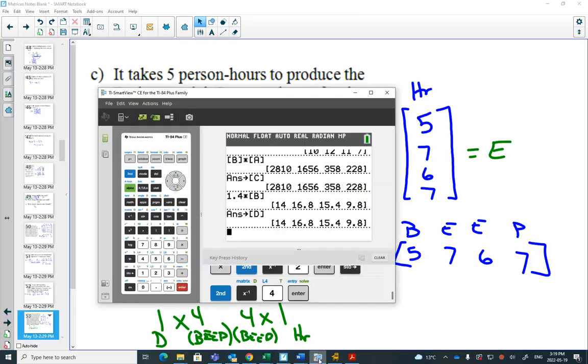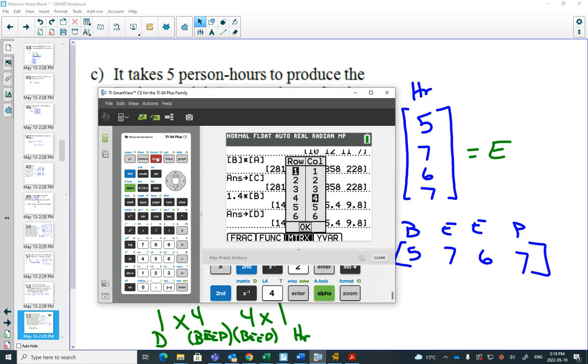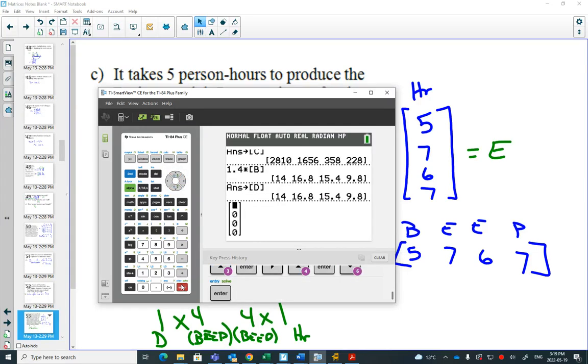I'm going to go to my calculator, make matrix E: 5, 7, 6, 7.